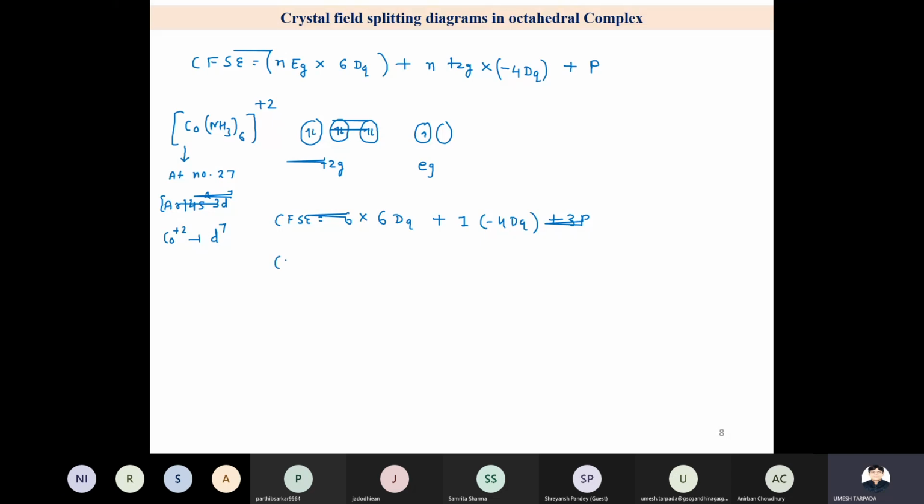So CFSE is 6 into 6, 36 minus 4 dq, that is 32 dq plus 3P.